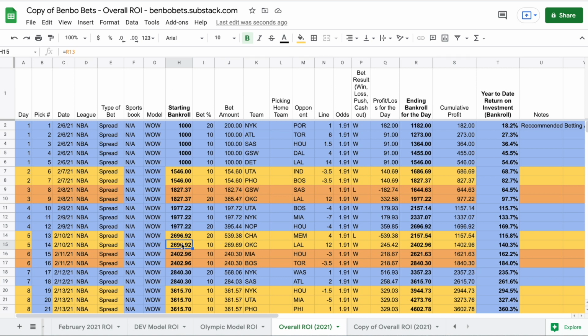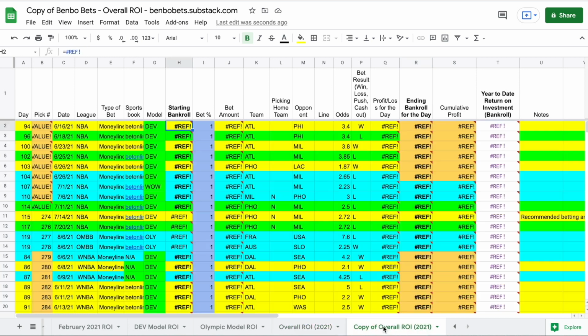So the starting bankroll on day 5 should autofill with the ending bankroll, which is cell R13 from day 4. So when you sort it by, say, moneyline, it kind of breaks all of that. So you have to go back, see here it's like equals R3, because that means on that day it should have been equal to R3. Point is, it's going to break all of that, so you may have to go in and fill that stuff in.